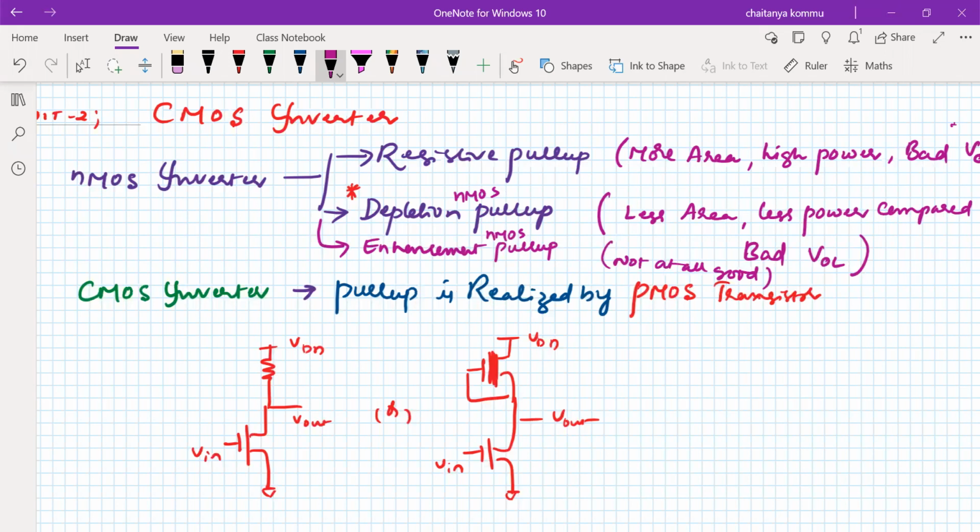But area is less when compared to the depletion. The only advantage here is area.